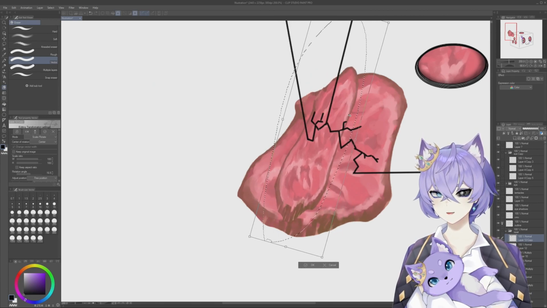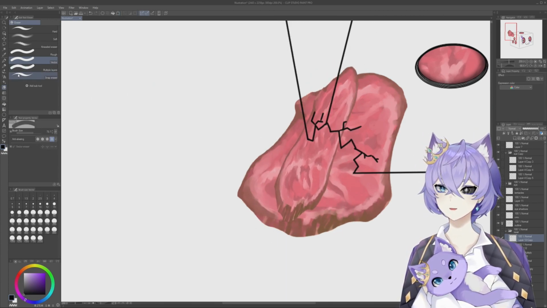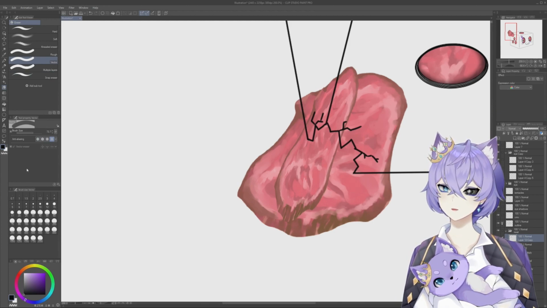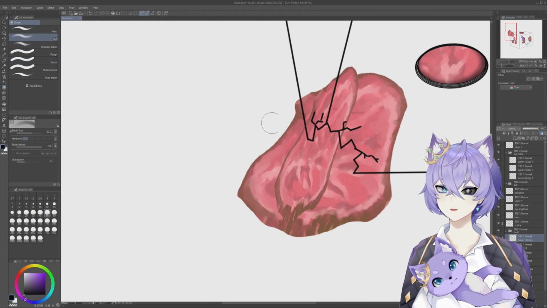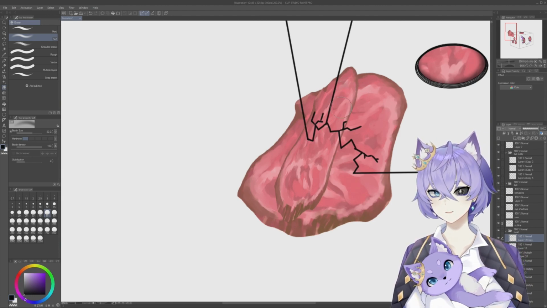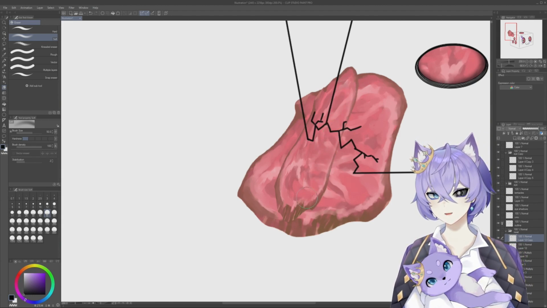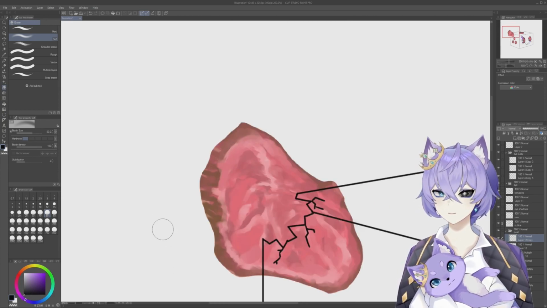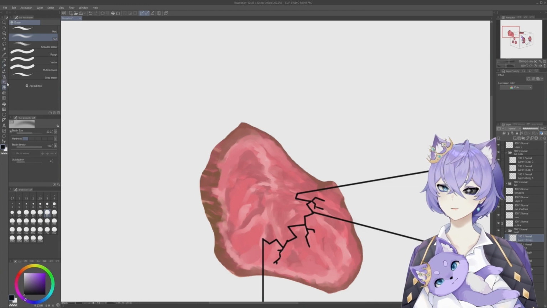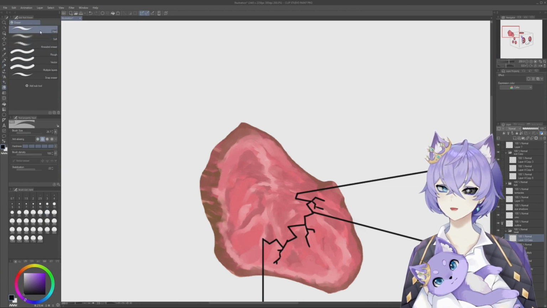because I need to make it two separate layers so that I can do this erasing thing. We're gonna give it a soft brush so that we can make the blending line a little more natural. Just like that. And then we turn this back into a hard eraser.